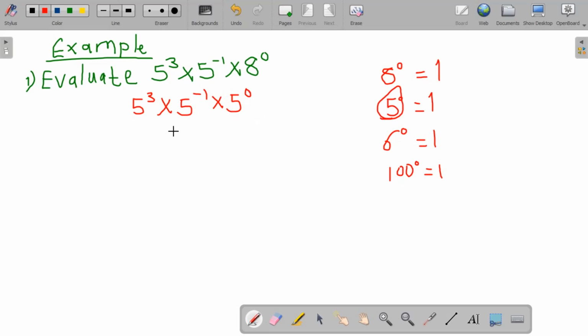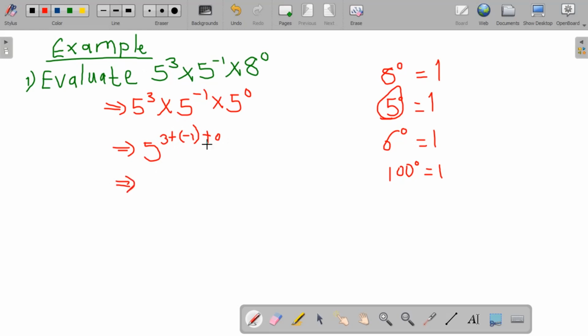Now they are the same bases, so we take the base 5 and use rule number 3, which says that when you're multiplying numbers with the same base, you add the powers. So we say 3 plus negative 1 plus 0.